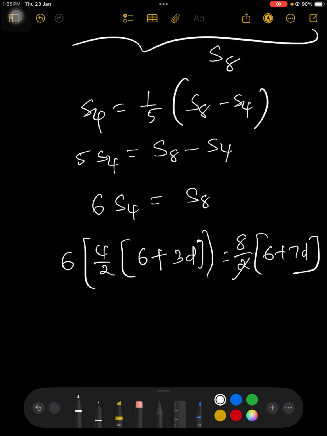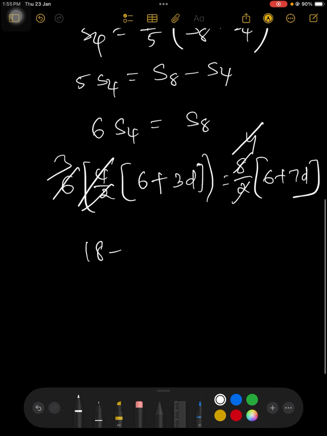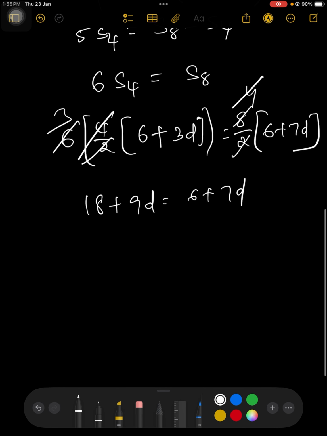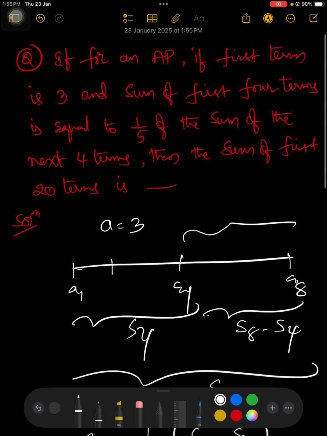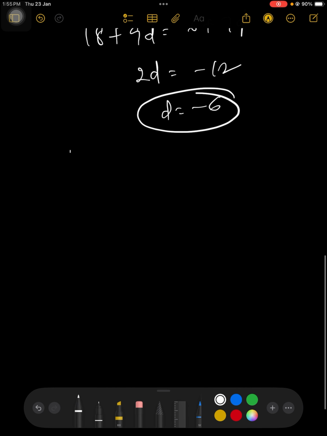Then the 4s get cancelled, and 2 ones are 2, 2 threes are 6. So clearly it is 18 plus 9d equal to 6 plus 7d. 2d equal to minus 12, then d equal to minus 6 we will get. Finally what we want is S20.